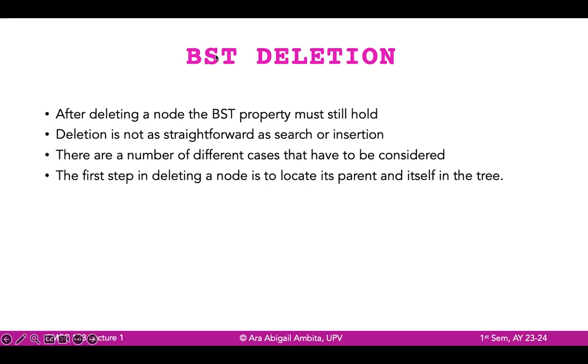So let's say we want to delete a node in the binary search tree. If we remove any node, there are many cases that we have to consider. And deleting a node, just like in insertion, we have to maintain the binary search tree property. So what's that property again that we have discussed?